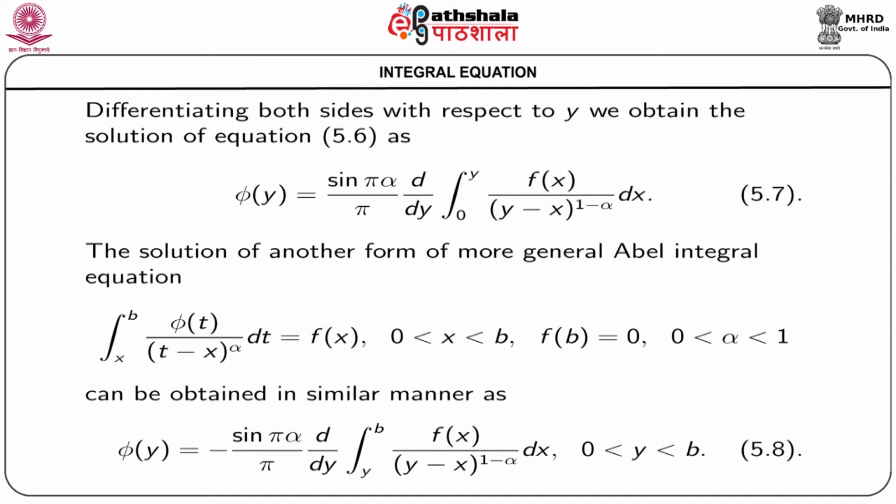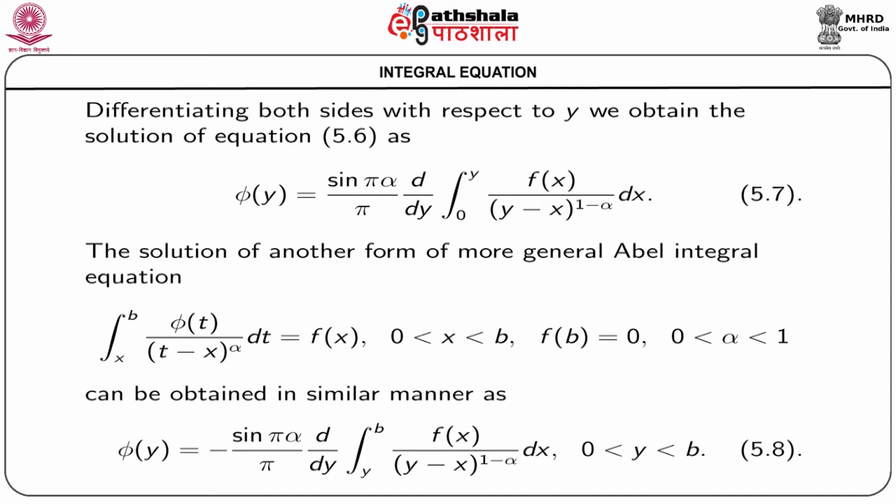Next, we consider this general Abel integral equation where the lower range of integration is variable. That is, integral from x to b phi t divided by t minus x to the power alpha dt equal to fx. Here also fb equal to 0 and alpha lies between 0 and 1.